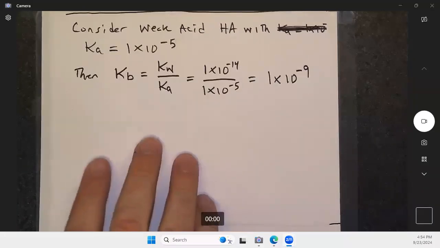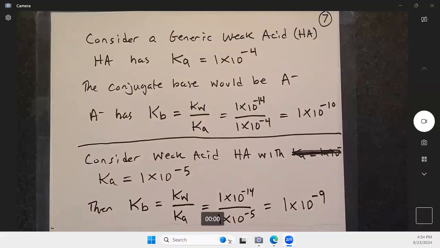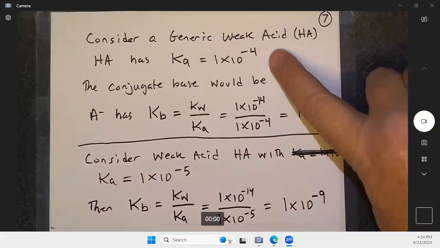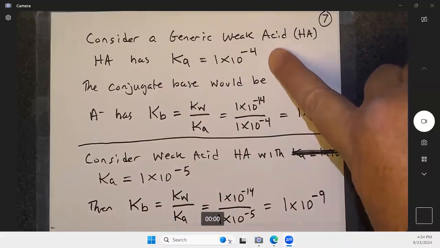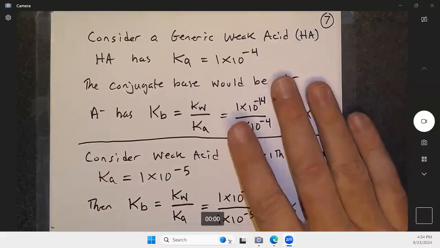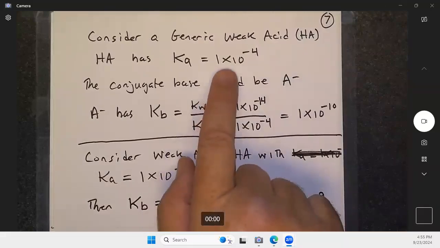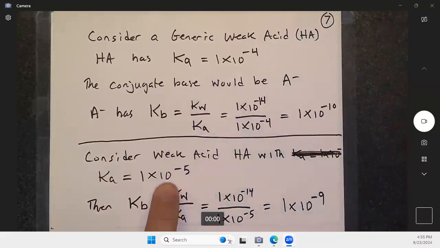But do we notice a trend? So what happened when Ka was stronger? This generic one is stronger than this generic one. This Ka is larger. They're both weak, but between the two, the one with a Ka of 1 times 10 to the minus 4 is stronger than the one with a Ka of 1 times 10 to the minus 5.